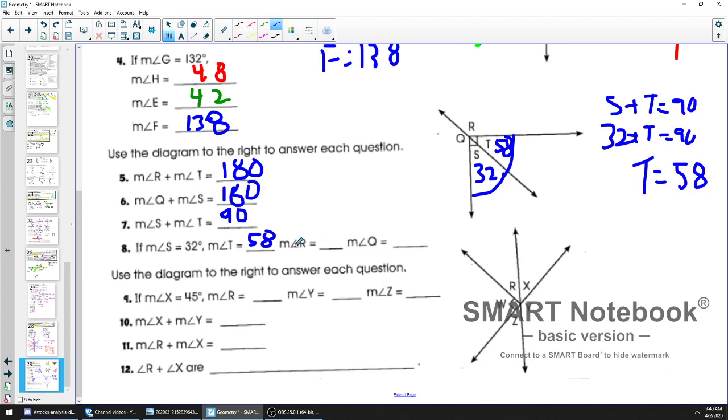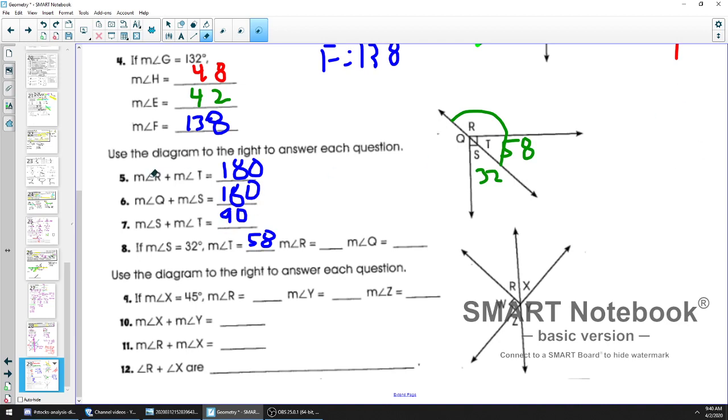R. Let's figure out R. Now, I'm looking at the 58 and the 32. Can I use R and one of these numbers to help me solve angle R? If I have R right here, if I keep going, I can make a straight line. So R plus T equals 180.